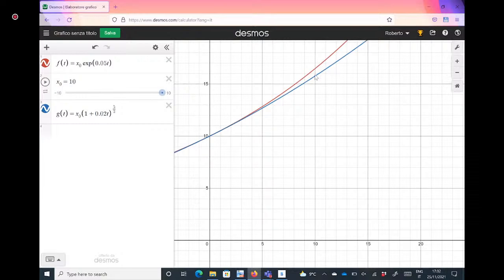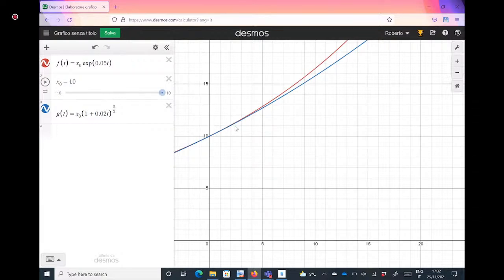It's not exponential, but for at least the first 5 periods, if not 10 periods, it is very close to the exponential growth. In fact, the growth rate is very close to 5%. It's not constant because the time growth rate tends to decline over time, but it is very close to its initial level of 5%.